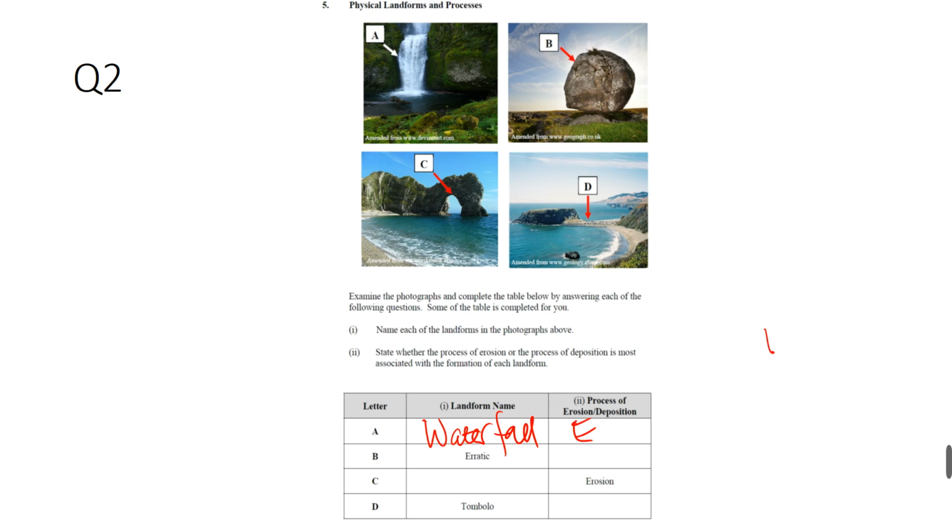An erratic, we haven't done that yet, we'll come to that next year, is deposition. C you should be able to recognise as a sea arch, and that's erosion. And tombolo, we haven't done that yet, but it's deposition. The only one we've done there will be C.